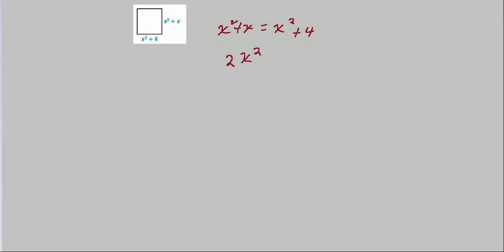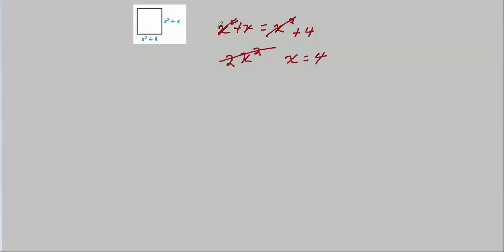Of course we're not going to get 2x squared. That's my first dumb mistake today, if you're counting. There may be more. We just subtract x squared from each side and get that x equals 4. Pardon my space out there.